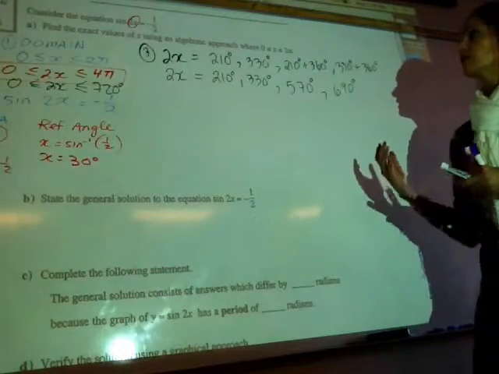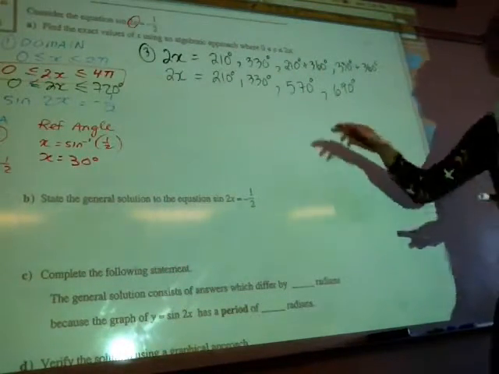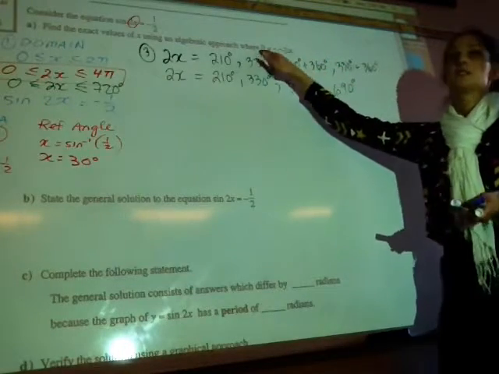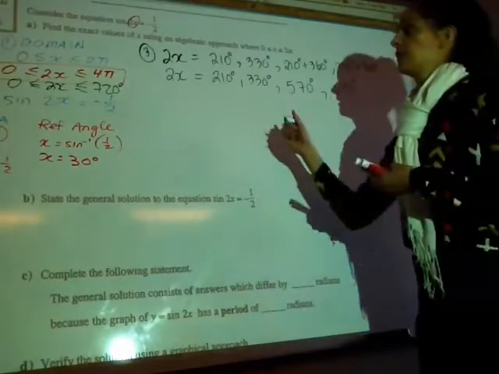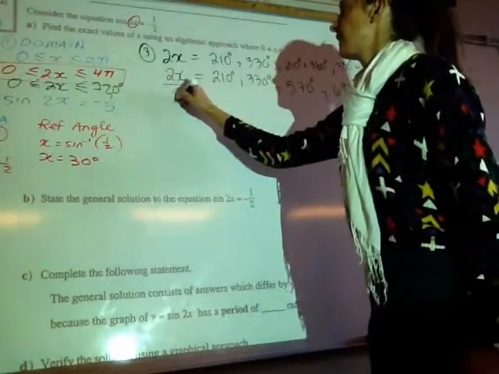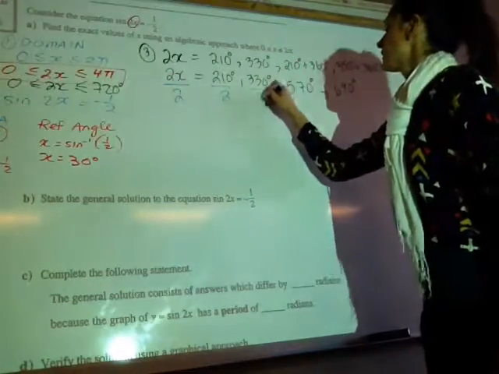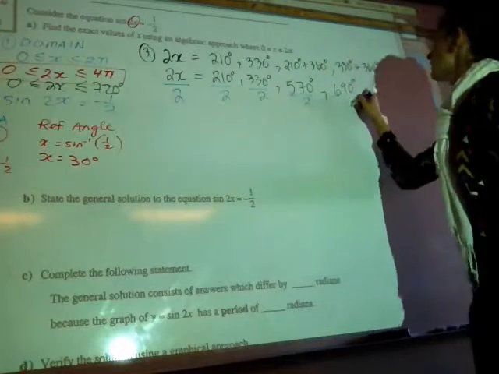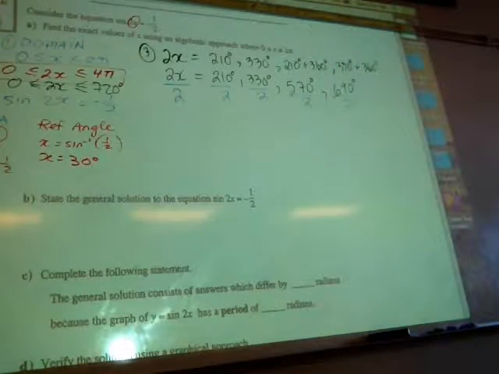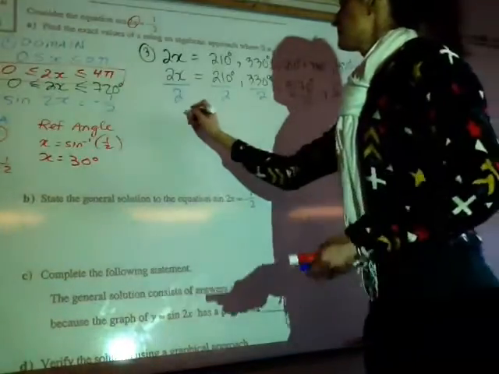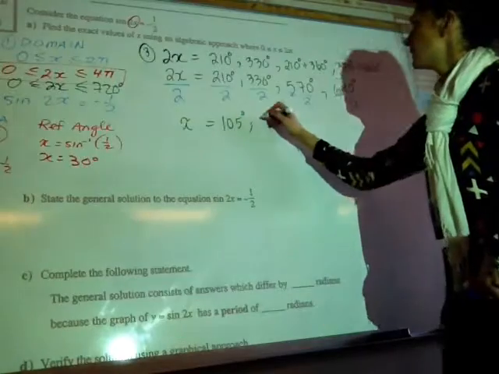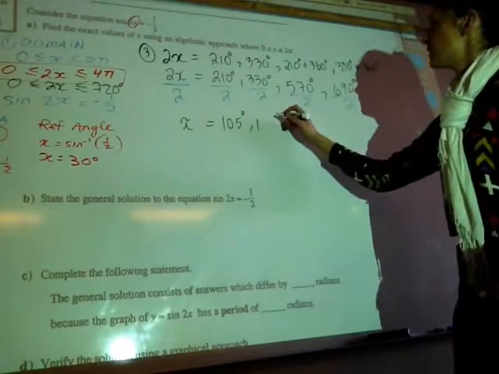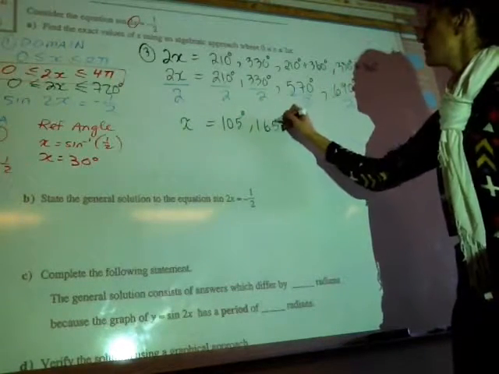But they didn't want our solution between 0 and 4 pi. They wanted a solution for x between 0 and 2 pi. So we're going to take all these solutions and we need to solve for just x. So divide everything by 2. So we get 105, 165.